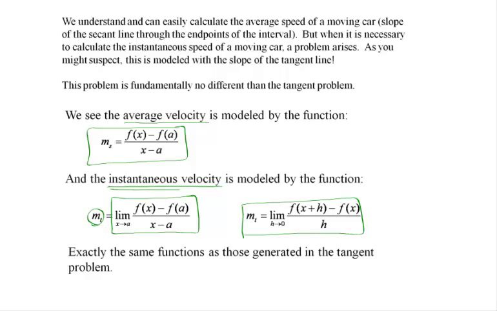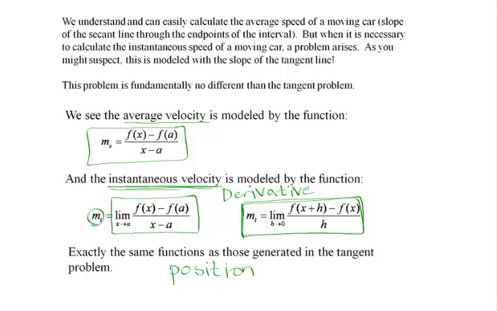This is the derivative in the context of position. So the derivative in the context of position is instantaneous velocity. Notice there are two forms for the definition of the derivative.